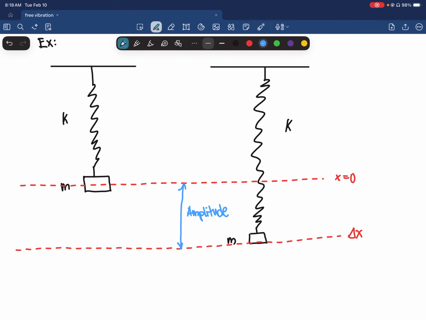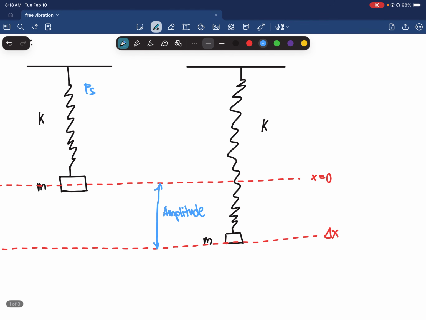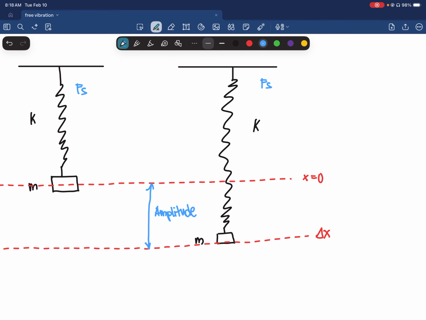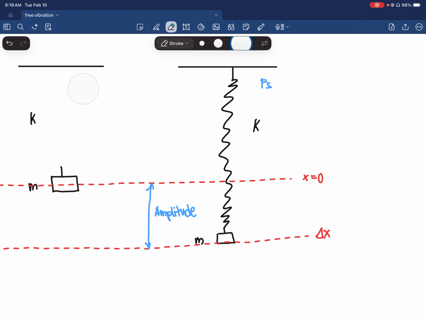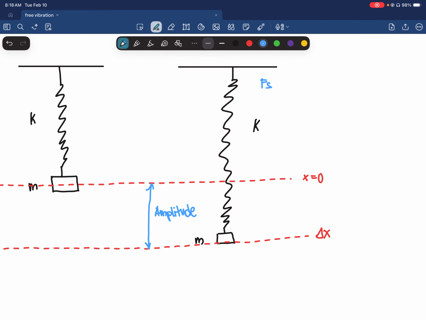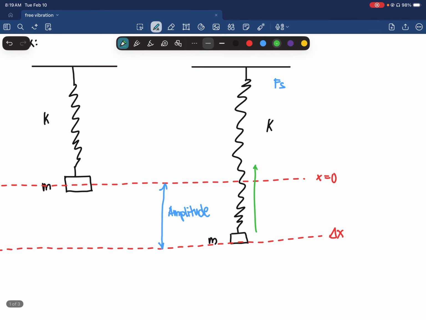And we also have our spring force. We put it here since there is no spring force present in the first one, as we're not applying any forces to it. But here there is spring force. So, once you release our block, it will move up. Now, again, our displacement is negative, but our acceleration is positive.